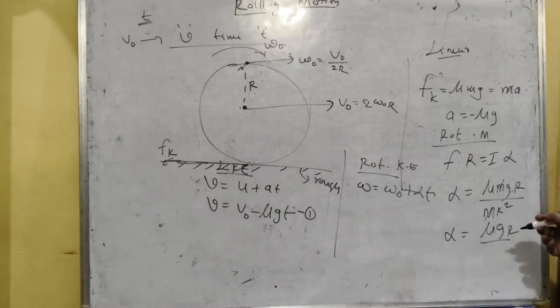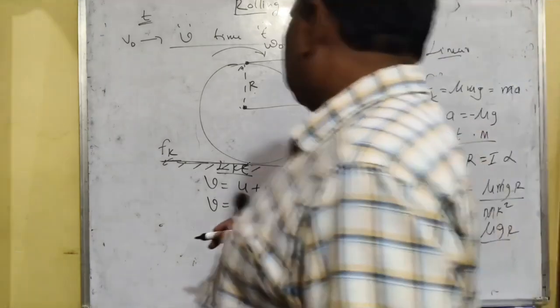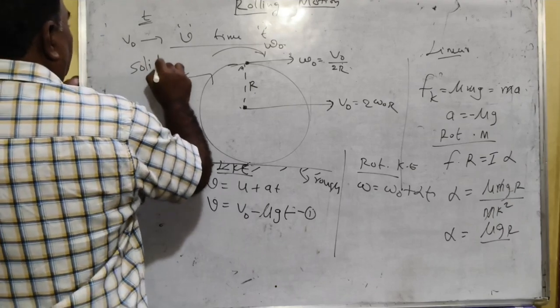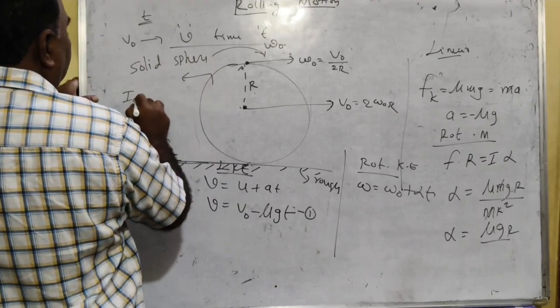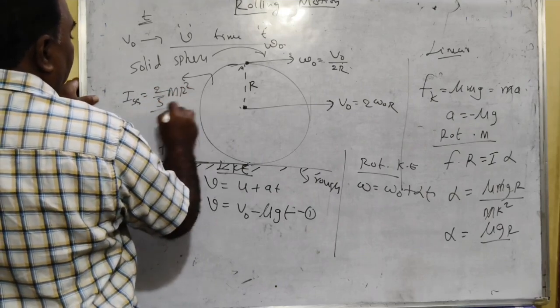The moment of inertia will be different for different bodies. Let us consider this body is a solid sphere or disc or whatever it may be. The moment of inertia of a solid sphere is equal to 2/5 mr square.